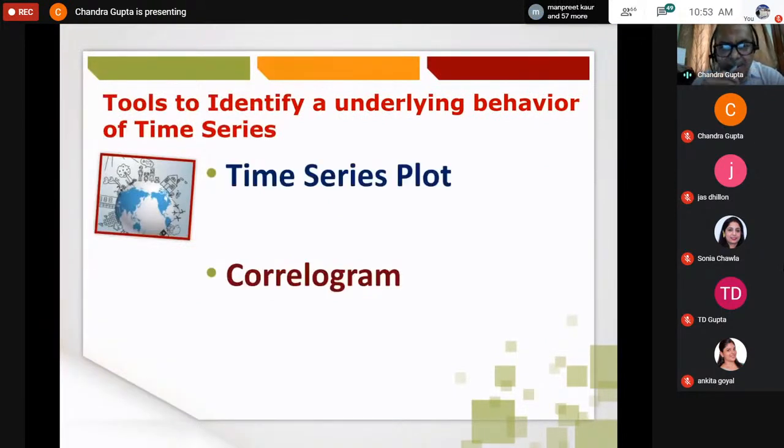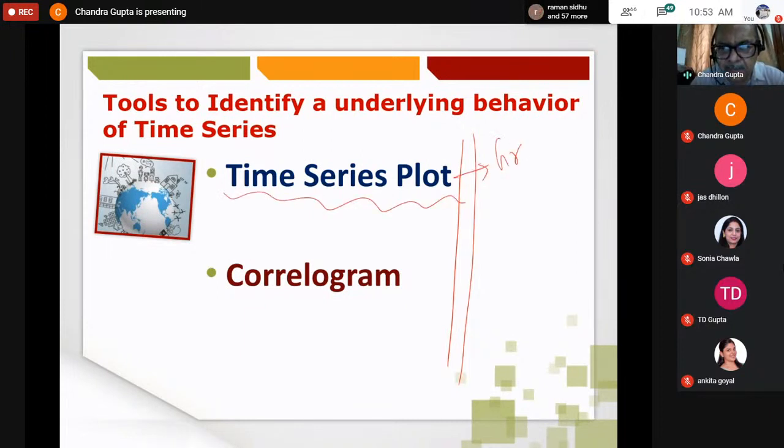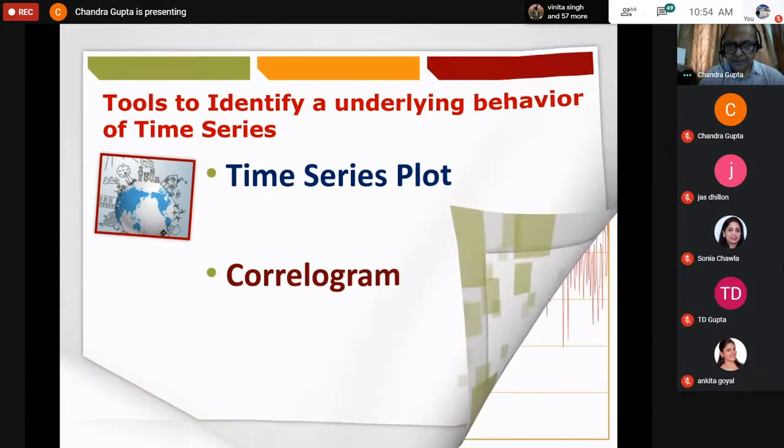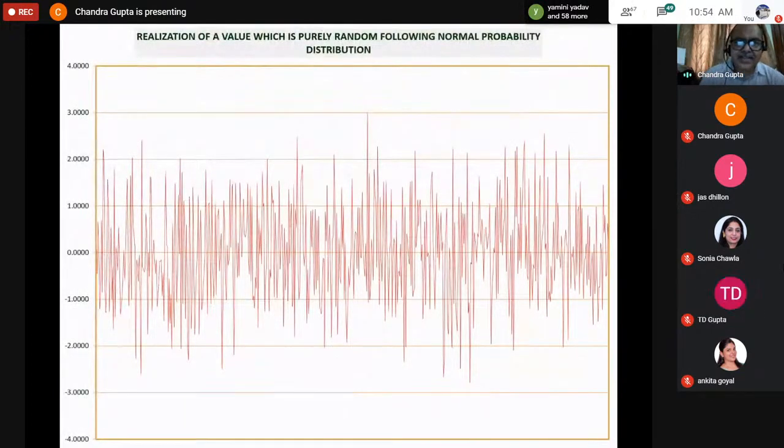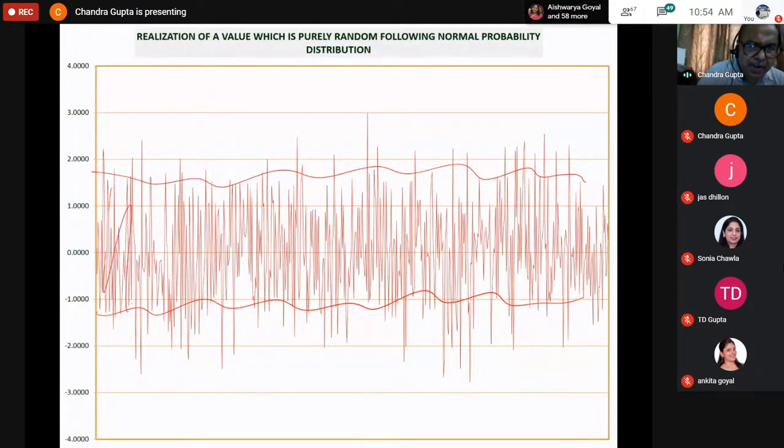Now let's understand how we know the behavior of a particular time series. You can understand that behavior by having a time series plot, a graph of the time series, or a correlogram. That's what we are going to talk about now. Look at this. This is purely random, but it gives you a feel of how it is behaving. You can see up and down, up and down, up and down.